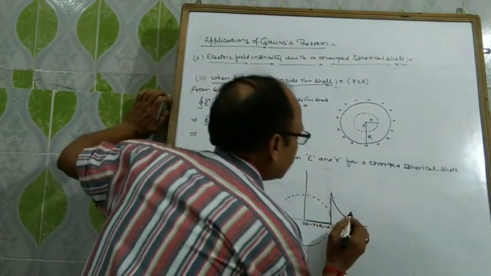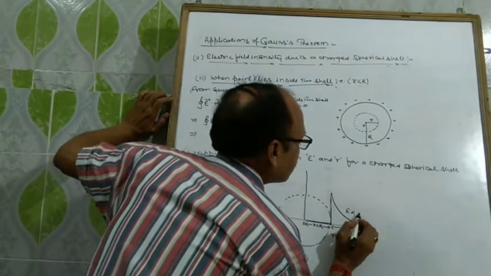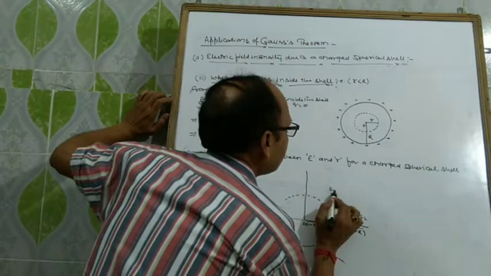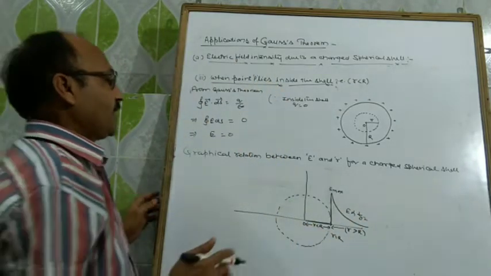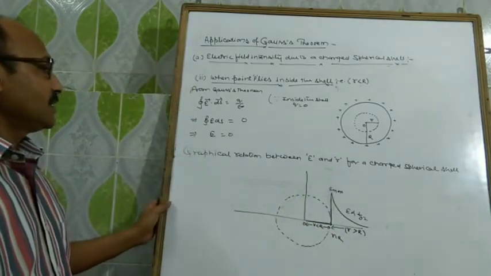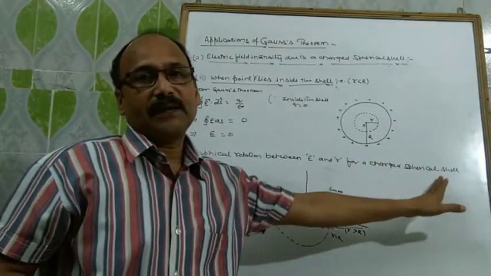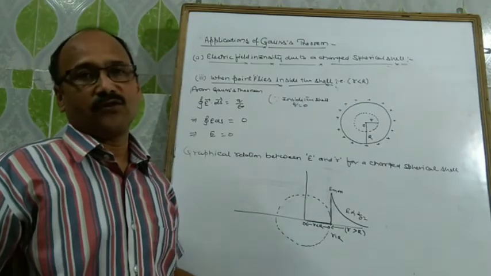So E is inversely proportional to r square. This is E equals maximum, and this is the graphical representation of electric field intensity for a charged spherical shell. So it is sufficient for today. Okay.